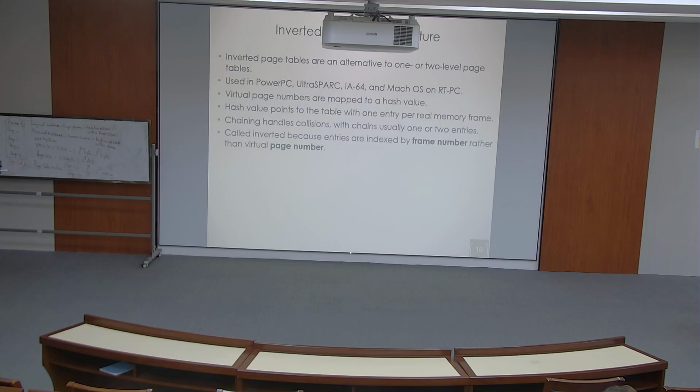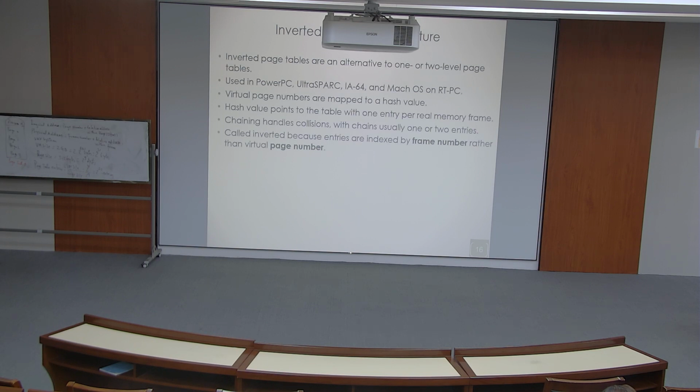So we have virtual pages which are mapped to what we call a hash value, and the hash value needs to point to the page table with one entry per physical memory frame. This will help to solve the waste of storage space.